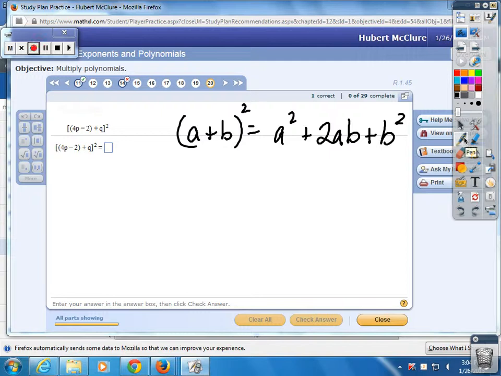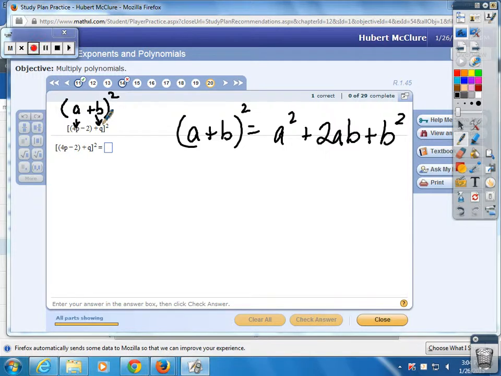Now, A plus B, quantity squared. So what's A? 4p minus 2. What is B? Q. So now you just plug and chug.